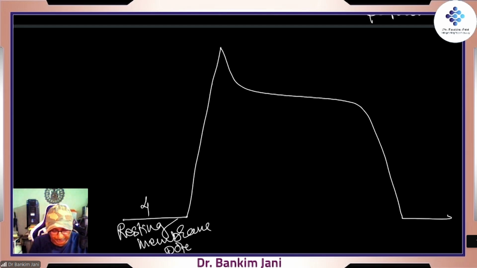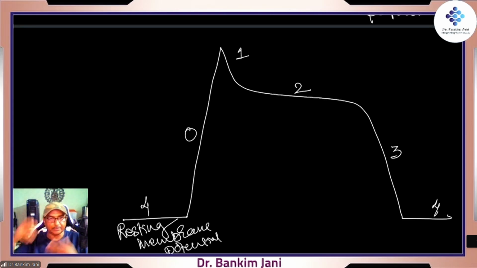So what really happens when the signal comes? This is called phase 0. This one is called phase 1. This one is called phase 2. That's called phase 3. And once again, obviously phase 4 is there. So it continues. Let's decipher all the stages.